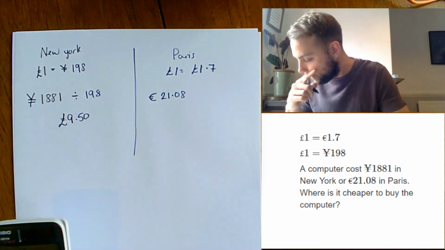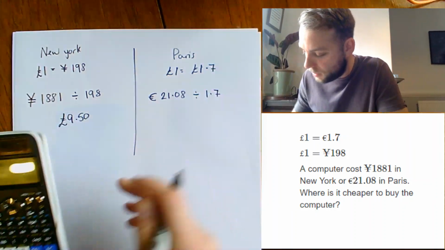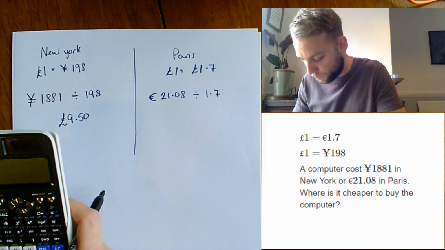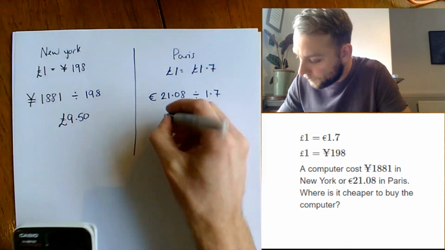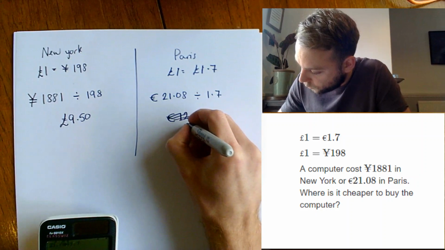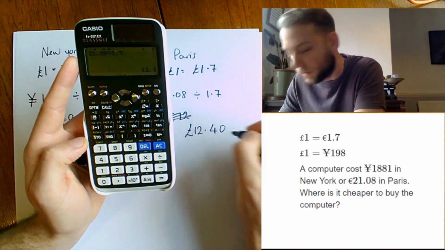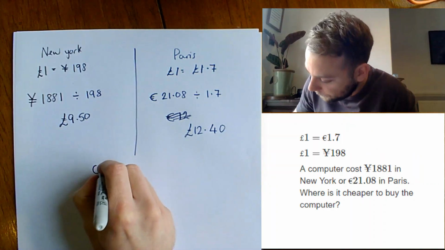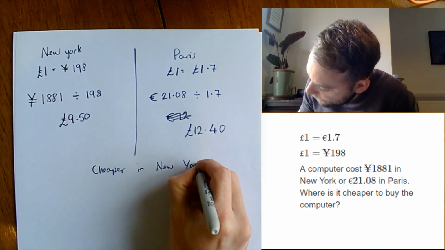This one here is this divided by my exchange rate, which is 1.7. 21.08 divided by 1.7, in this case is 12 pounds and it says 4 here, but make sure you're writing 40 because it's 40 pence. So where is it cheaper? It's cheaper in New York. Brilliant.